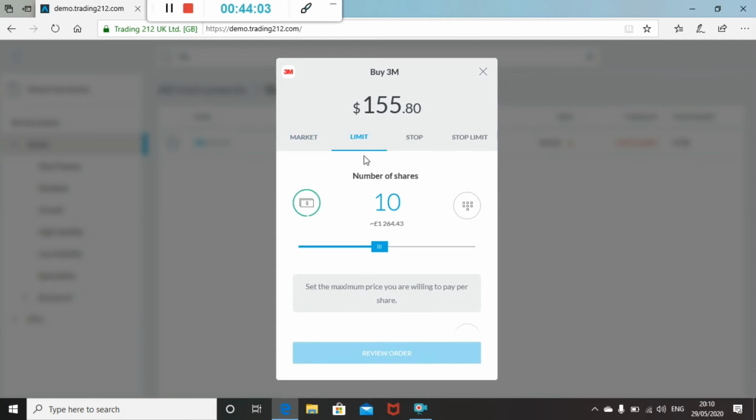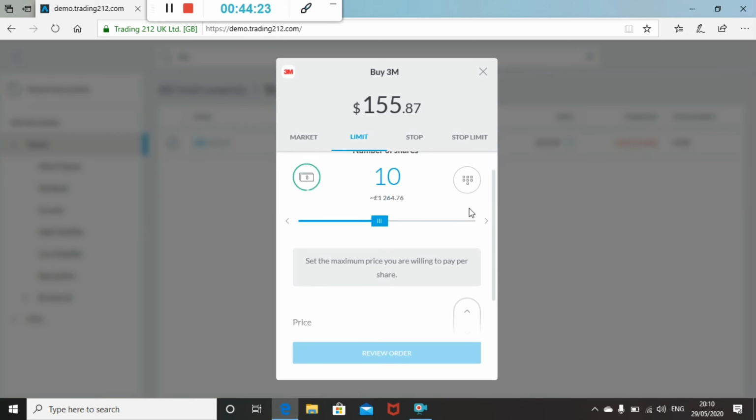You then have limit orders. So again, you want 10 shares in 3M company. But then you can set the price.